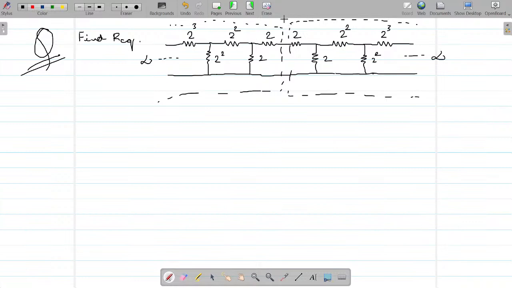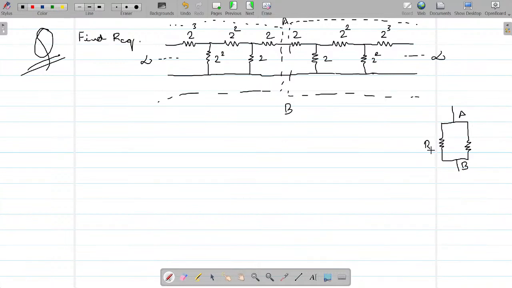I'm continuing from here. Let me write this as point A. I'm writing this as point B. This is your point A. This is your point B, right?